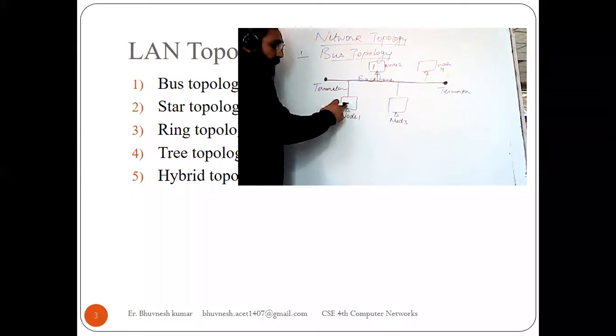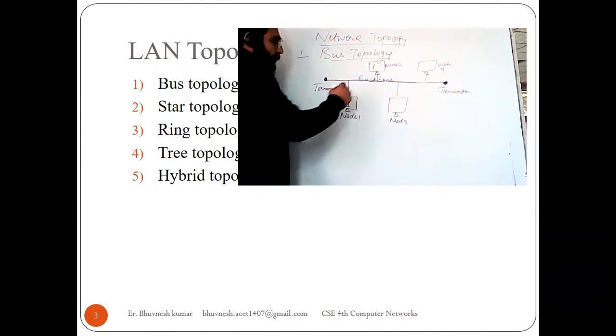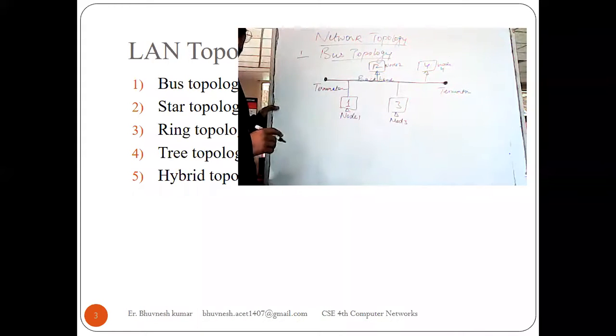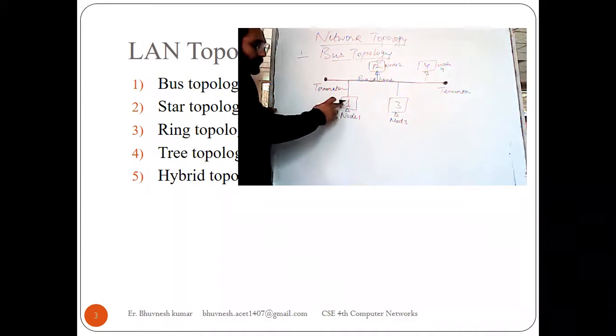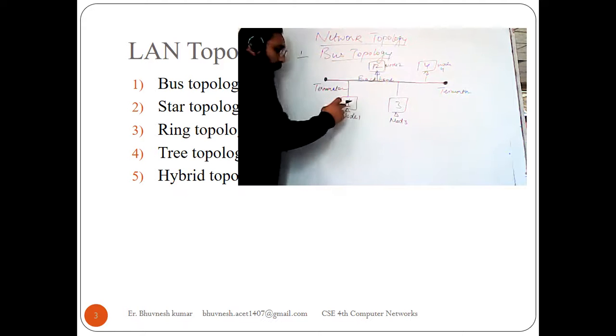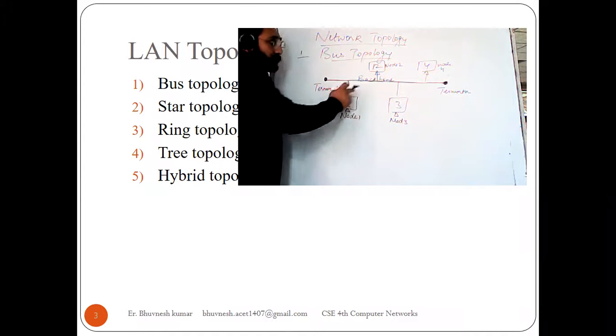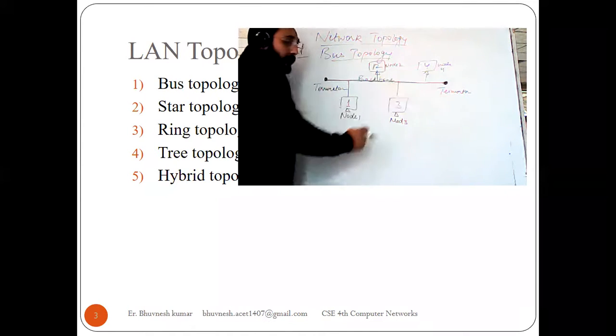If I want to send any data from PC1 to PC4, I will send the data and I will also send the IP address of this PC as well as of the destination PC.